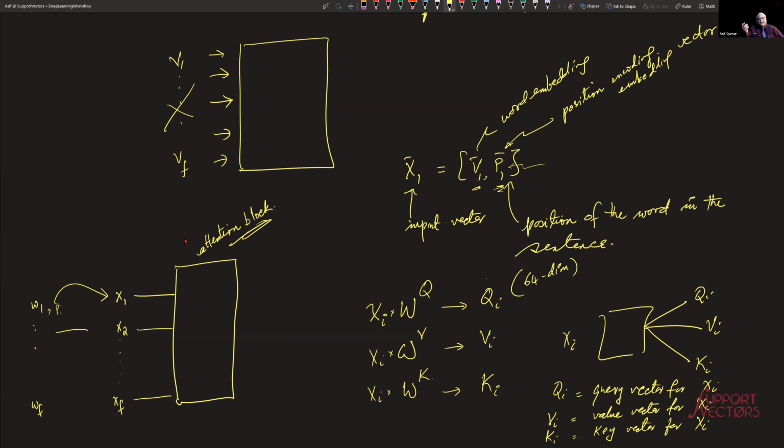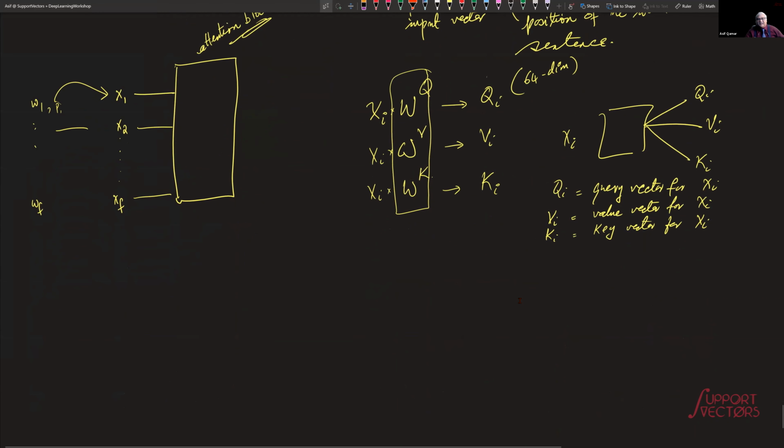So you burst out xi by multiplying by 3 matrices that will reduce the dimensionality, but produce 3 lower dimensional vectors. Now, what is the intuition behind those vectors?